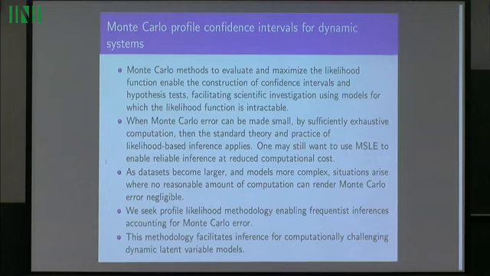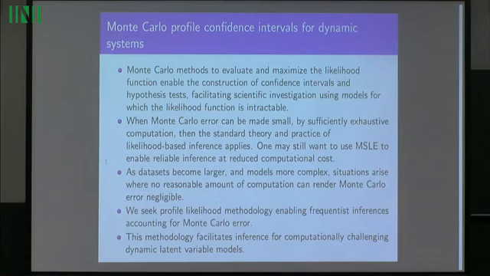And in principle, we can evaluate and maximize the likelihood function, and then we can construct confidence intervals, hypothesis tests, and do all the scientific stuff we want to do. The focus of this talk is what to do when we can't make the Monte Carlo error small. So if we can just keep grinding away with the computer until the Monte Carlo error is small, then we have our likelihood framework, we're in business.